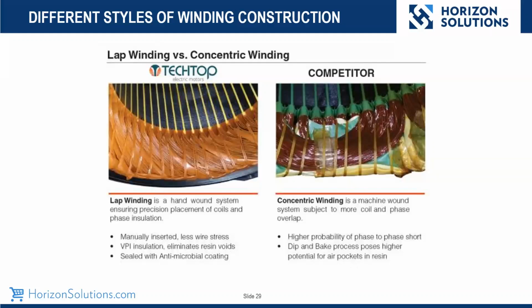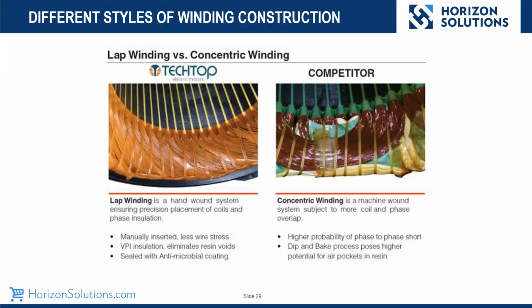Also, another thing that I strongly suggest with some of these motors that helps is the vacuum impregnated process, where when they dip these, they have a vacuum procedure that they use. It allows the resin to get into the windings, especially when they're strung in an ordered manner versus the concentric winding effect.